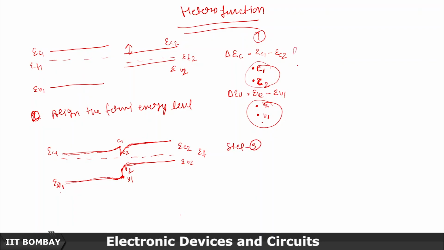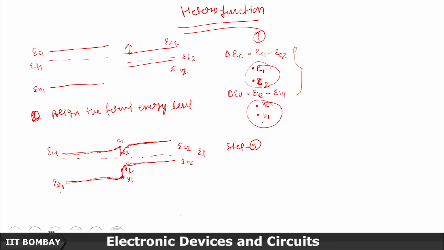So step 1 is you calculate the difference between these conduction band energies and valence band energies, okay. Depending on which is higher and which is lower, you can calculate that, align the Fermi energy level, and then you can join C1 to C1, C2 to C2, V1 to V1 and V2 to V2. This way you can get the energy band diagram for heterojunction.